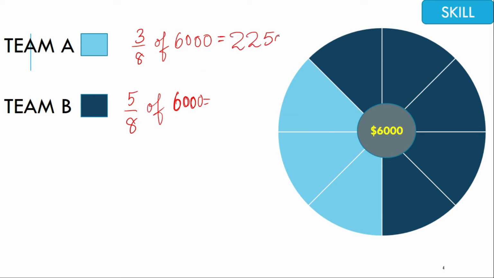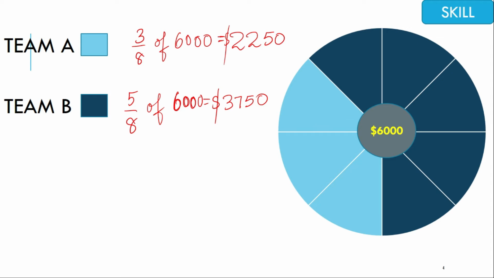That gives $2250, and here you have $3750. So these are the basic things that you already know about how you can divide a particular amount or a given total between two teams based on the fractions that they have.